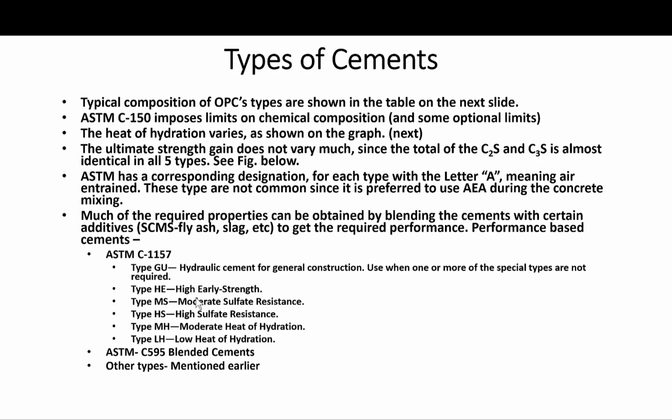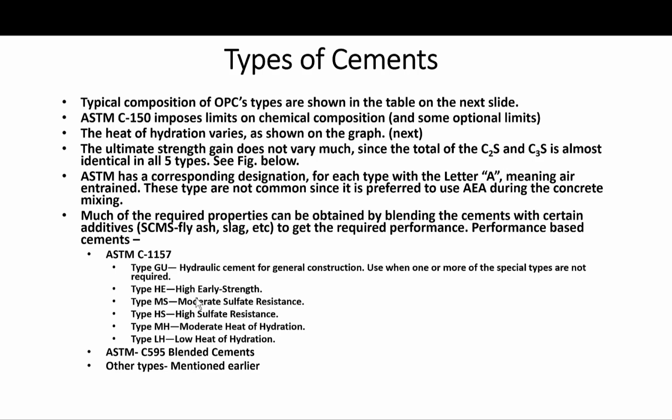But these air entrained cements with the designation A are not really common, since most concrete producers prefer to use an air entraining agent when there is an air entrainment requirement. So those are not common. I have never used them, designation A cements.